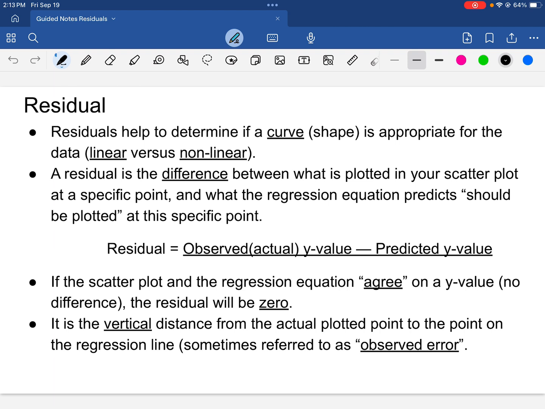So when you subtract the predicted from the actual, you get what we call the residual. If you get a residual of 0, then the actual y value and the predicted y value are exactly the same. It is the vertical distance from the actual plotted point to the regression line, sometimes referred to as the observed error.